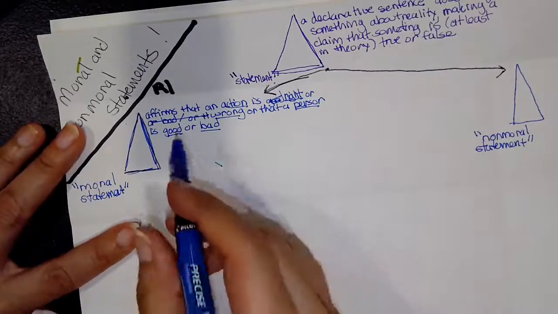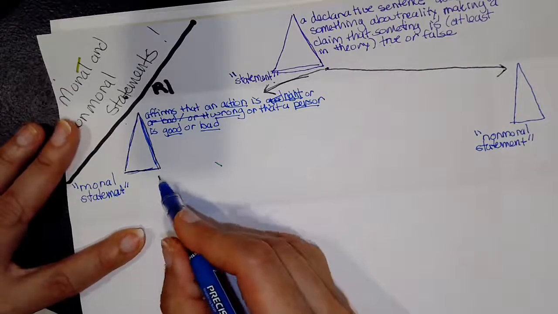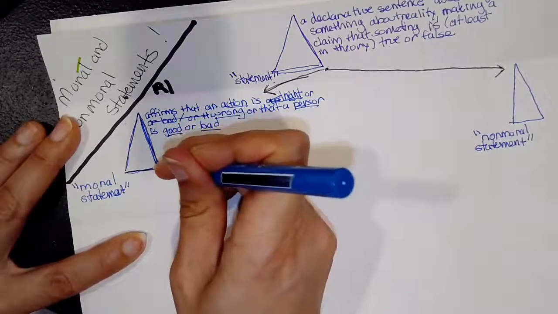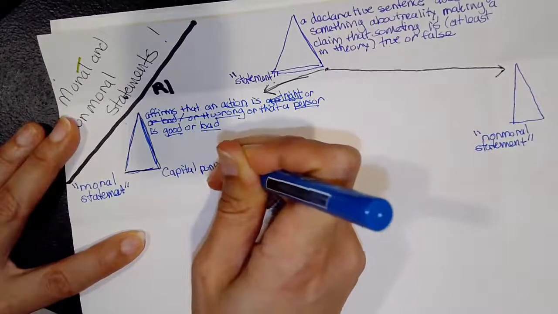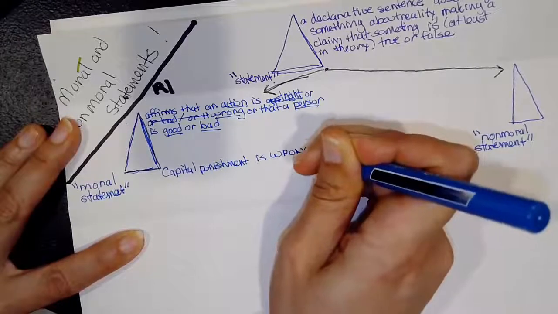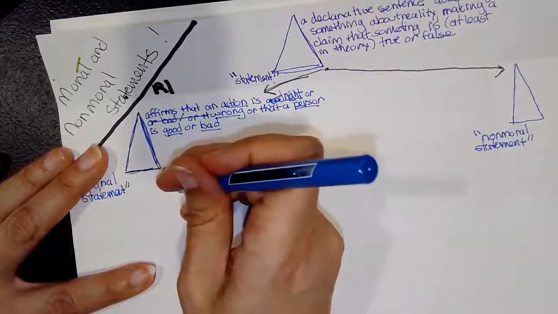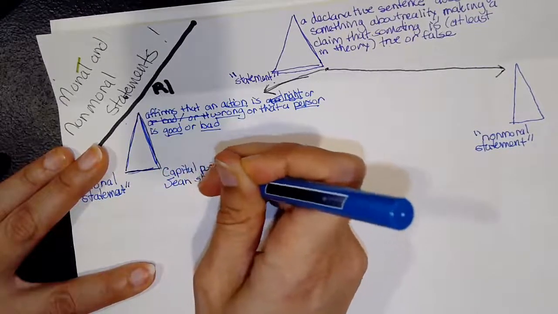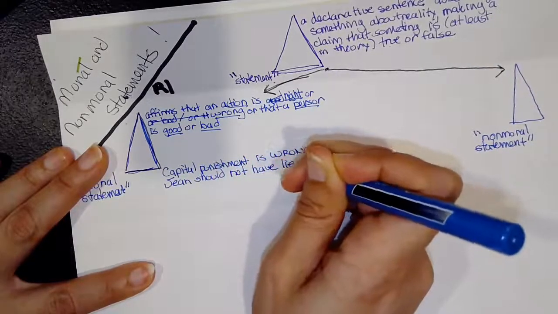Okay, so some examples of a moral statement, I'm going to give you some very easy or simple ones to scaffold your learning, include the following. Capital punishment is wrong. Jean should not have lied.